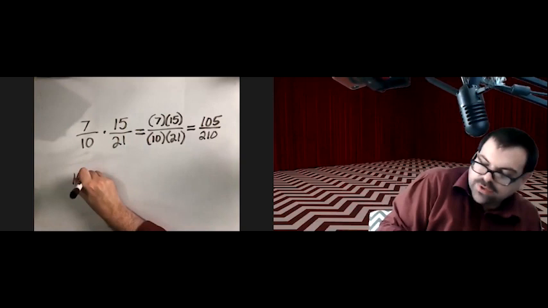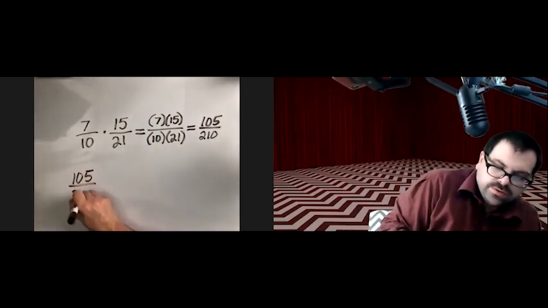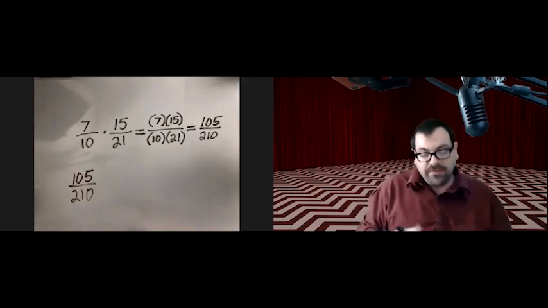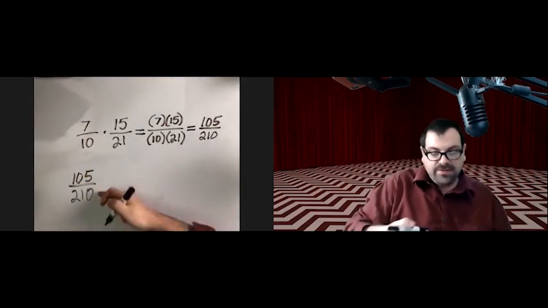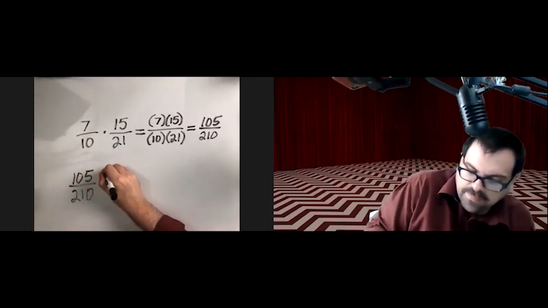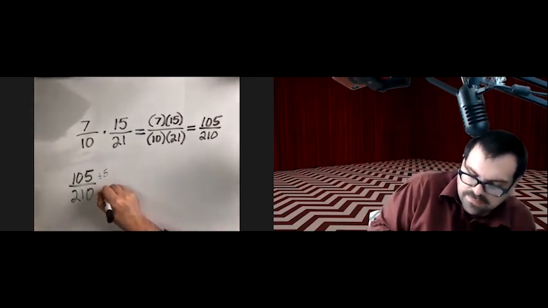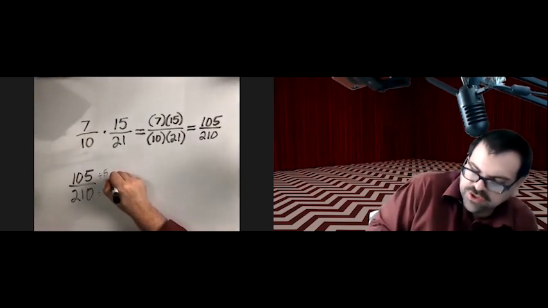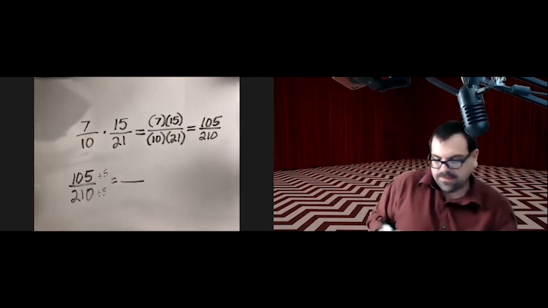This is a fraction that would need reduced. So we could look for common factors. If that ends in a 5, that ends in a 0. If I divide the top by 5 and I divide the bottom by 5, that should give me an equivalent fraction.